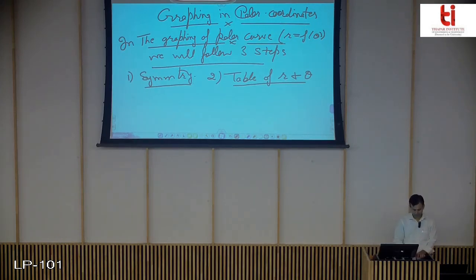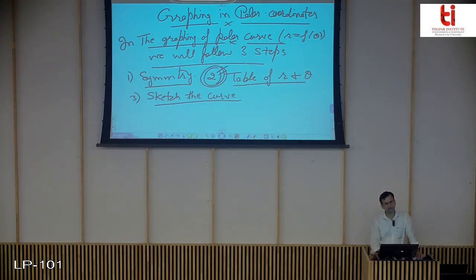And then finally, we sketch the graph based upon points 1 and 2. We first plot the points using the table of r and theta, because usually half the graph is drawn using the points taken from the table, and then the other half is drawn using the symmetry.